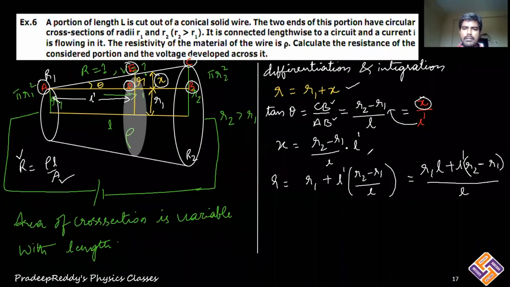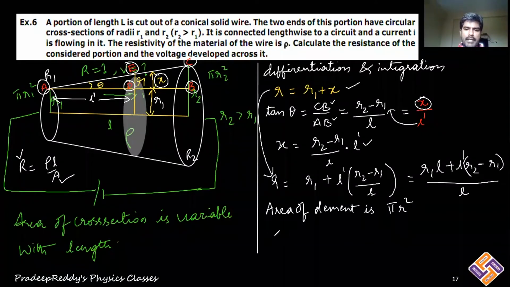Now R is equal to, take this expression, I am writing it here. R is equal to R1 plus, X we have already calculated, that X I am substituting here. Now take LCM: R1 into L plus L dash into (R2 minus R1), divided by L. We have got R now. I should find out the area of the cross section of a very small element. Area of element is pi R square.